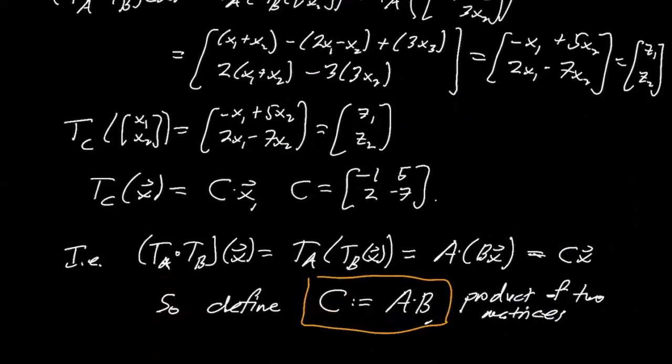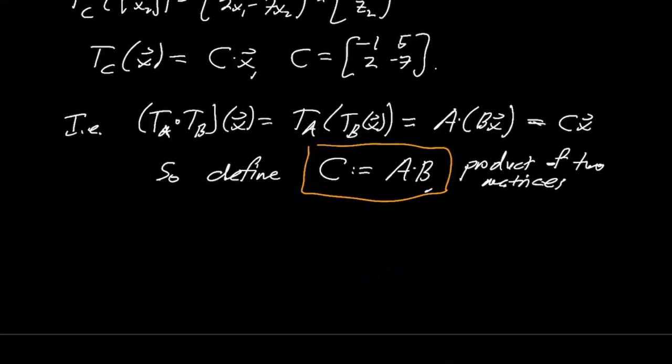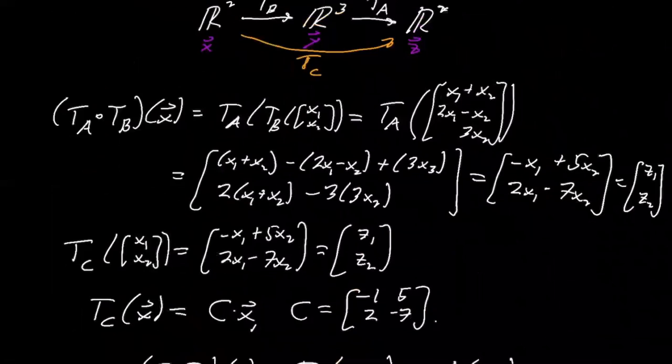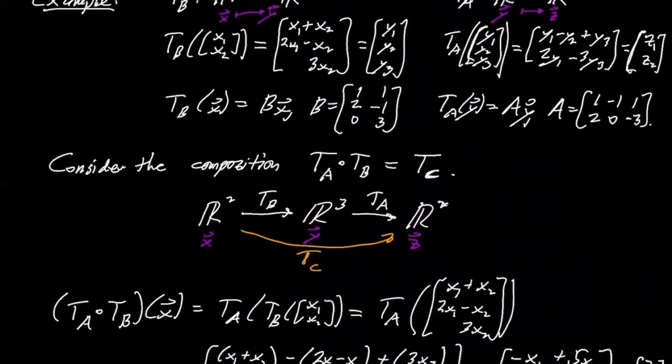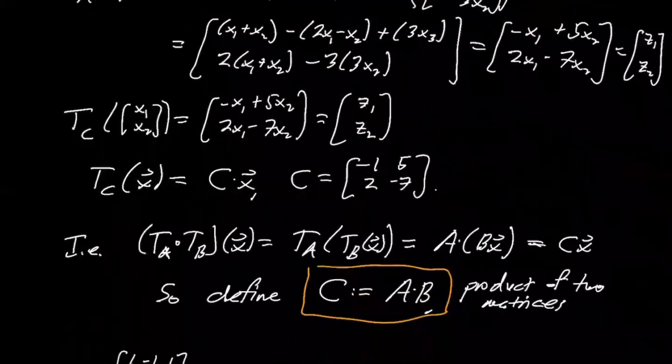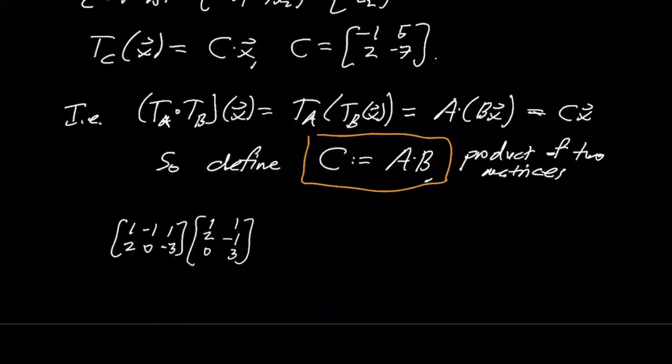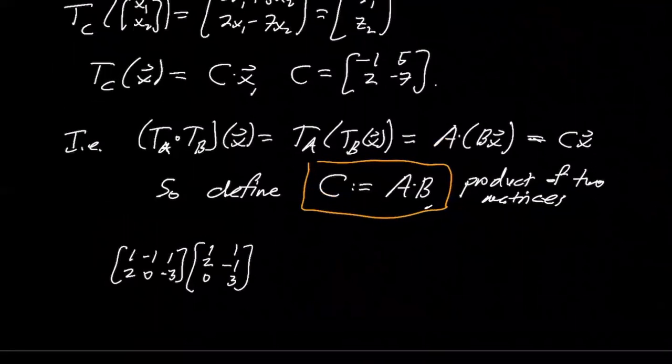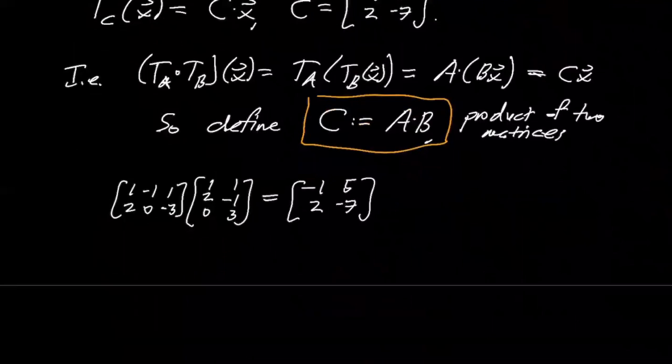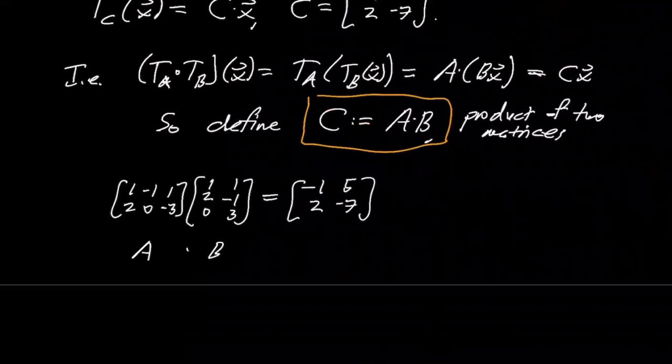If I copy the matrix, this is A, and then I multiply by B, and then I get C. Let me put an equal sign in between them. So in other words, we're defining A times B to equal C.